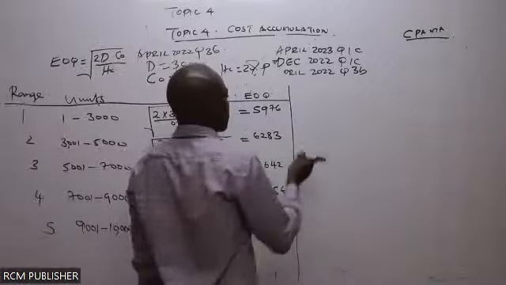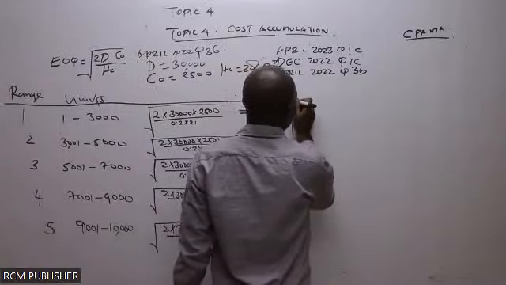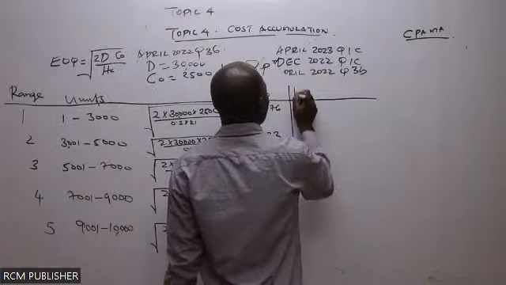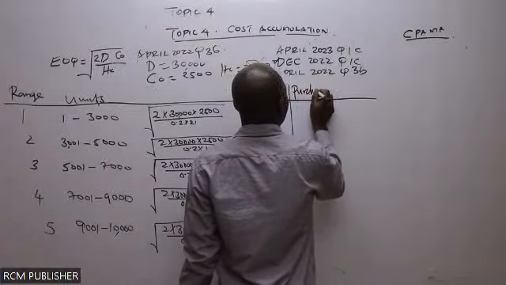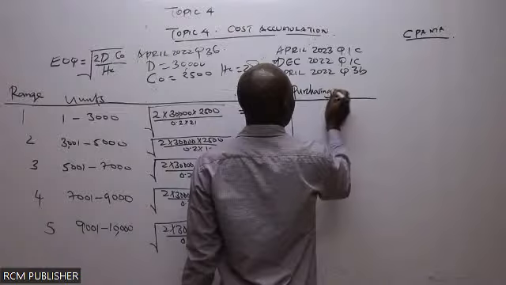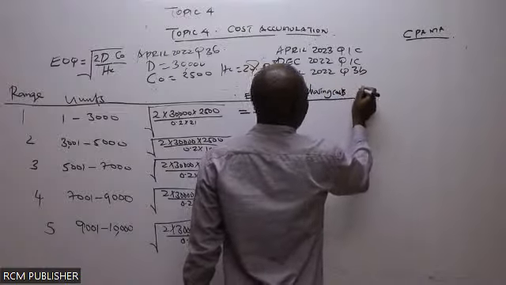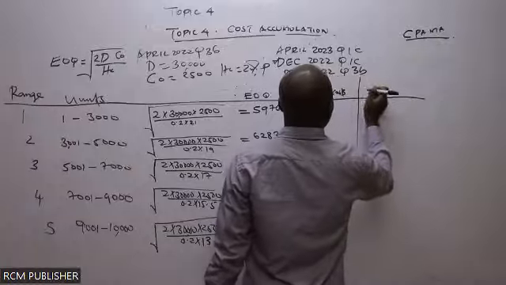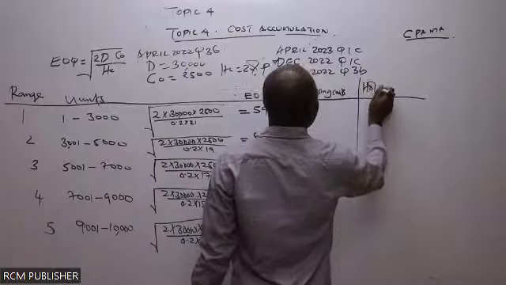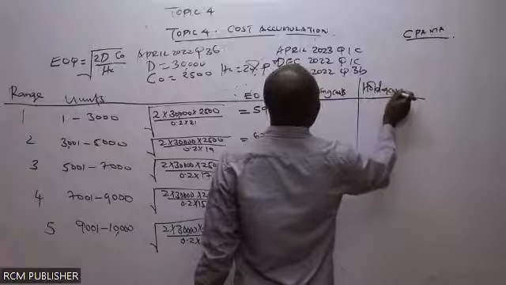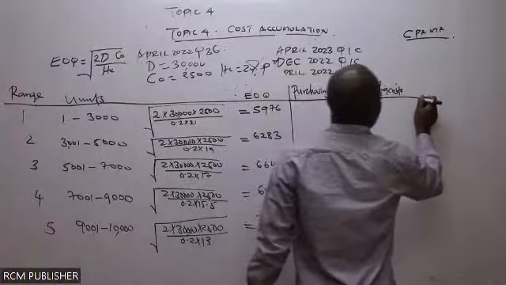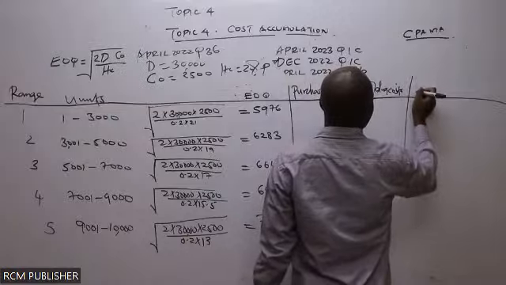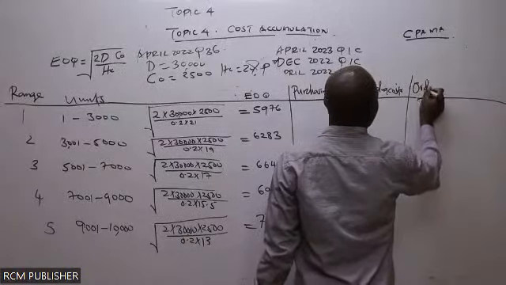Now we need to move to this other part, get our purchase price, total purchase cost. We need to get holding costs. We need to get ordering cost.